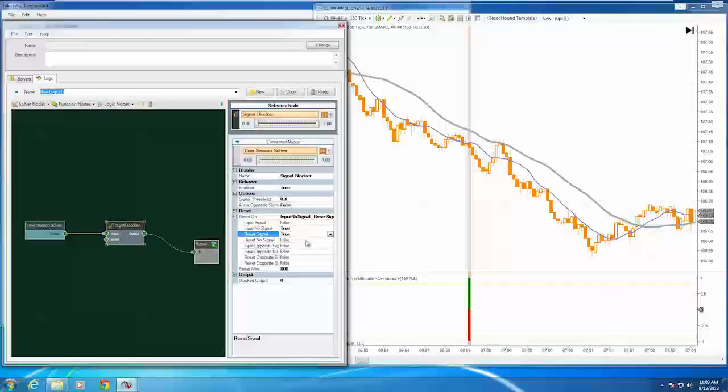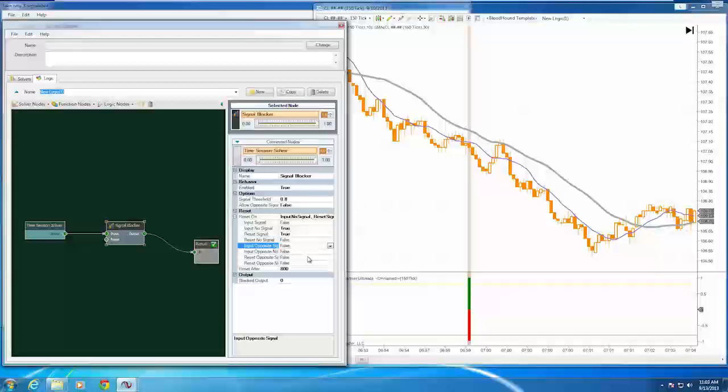So the reset is great for anchoring behavior to occur after certain conditions have been met. And as you can see, you can reset the node not just with the reset signal, not just with this plug, but you can even reset it with the input plug as well. You can also force a reset to occur when an opposite signal occurs on the other side.